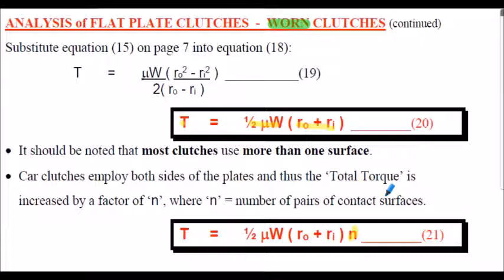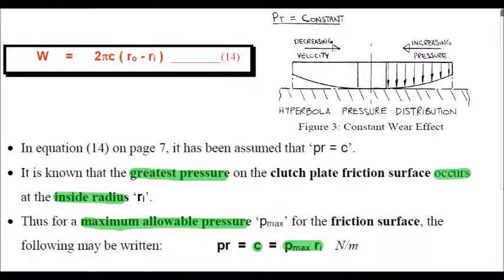So now what we've done is generate our equations for an unworn clutch analysis or assumption and a worn clutch analysis. And I'm just really following through what's in your notes here. Just looking back at this idea of P R equal to constant, the constant wear, which is the prevalent theory, I must say, of the two theories. The constant wear theory assumes that the pressure times the radius is always a constant. So as I said before, the pressure is largest at the inside radius.